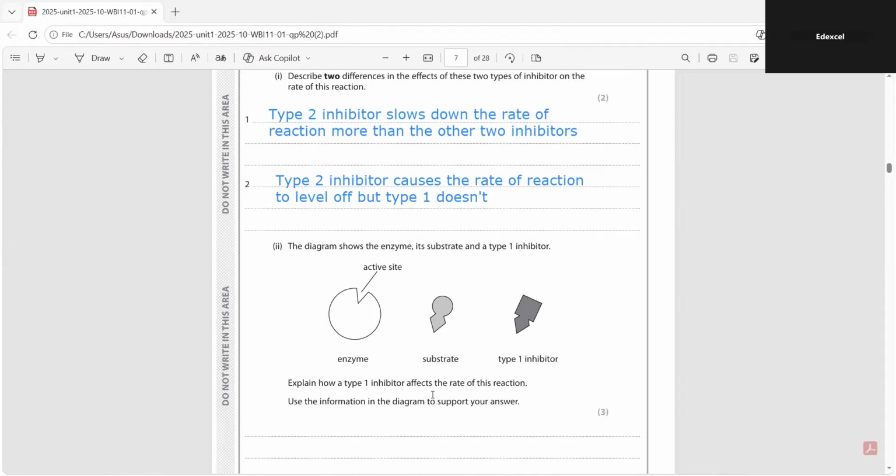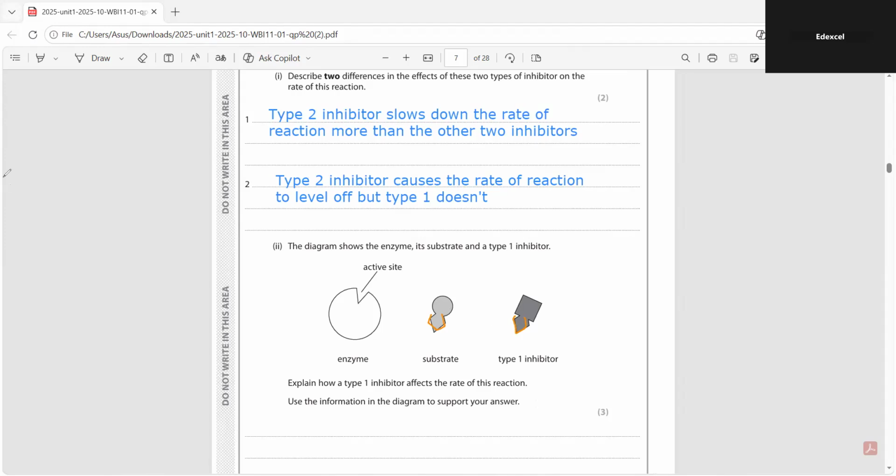So explain how type 1 inhibitor affects the rate of this reaction. Use this information to support your answer. As you can see, the shape of the substrate, this part, and this part, which is the binding part with the active site, are similar.